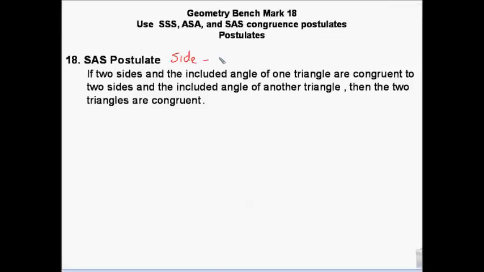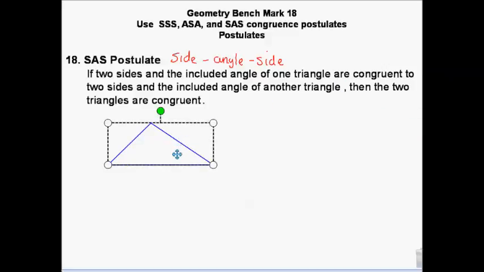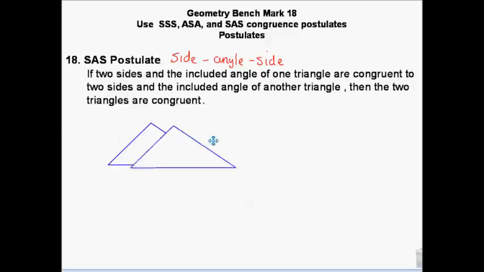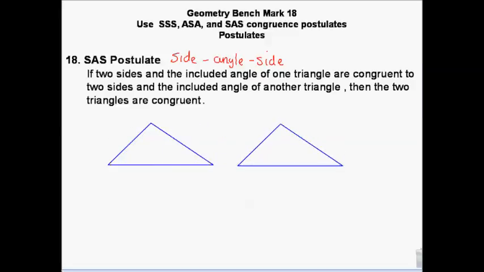Side, angle, side. So again, I have two triangles, and we're forcing them to match. And so if I have a side, an angle, and a side, this one is two sides and the angle between them.